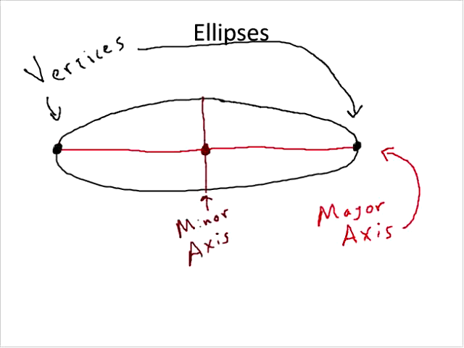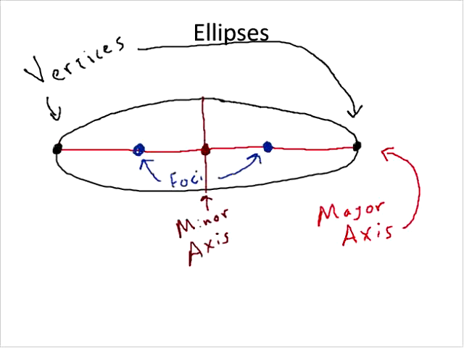You also have two that are called foci. The two foci are also on the major axis, in between the center and the vertices. Okay. Just some of the key points on the ellipse.